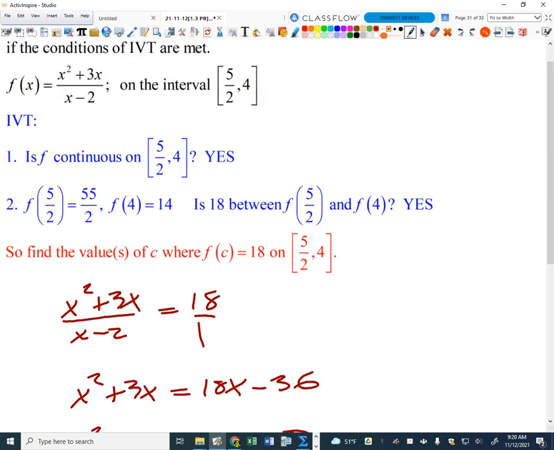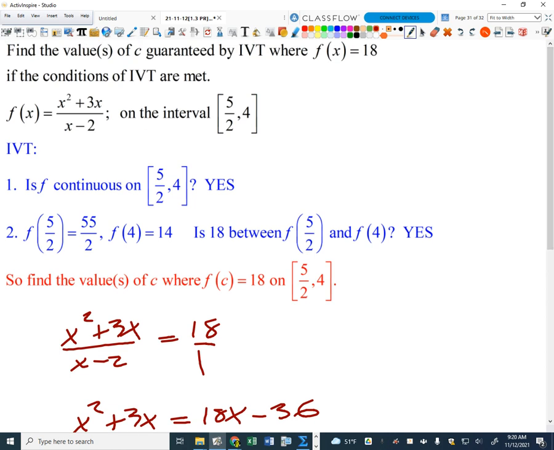What was the original problem? Find the values of c guaranteed by IVT. So where is IVT guaranteeing values of c? It's very specific, right?